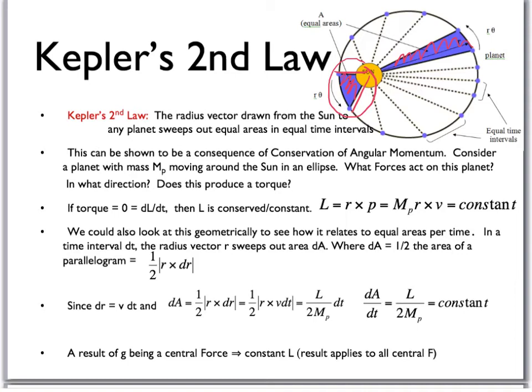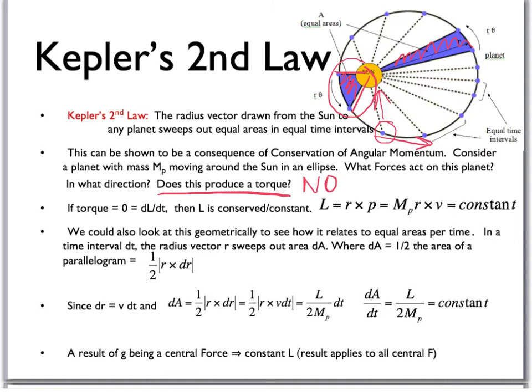And of course, at any point in that planet's path around the sun, the direction of that force would always be towards the center, whereas the motion of the planet itself would always be in sort of a tangential direction. So in terms of talking about torque, does that produce any torque? The answer is no, that does not create any torque, because these values are always going to be sort of perpendicular to each other.